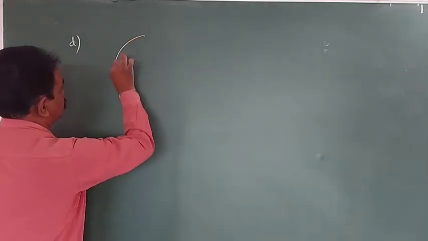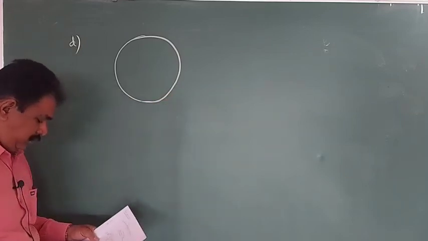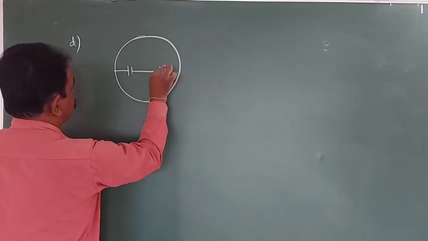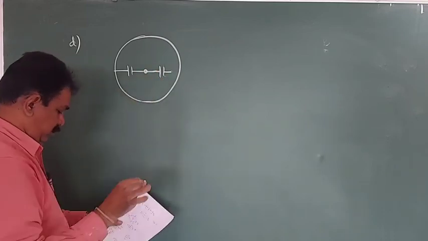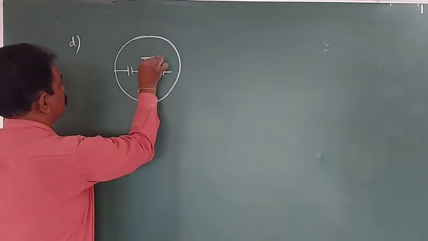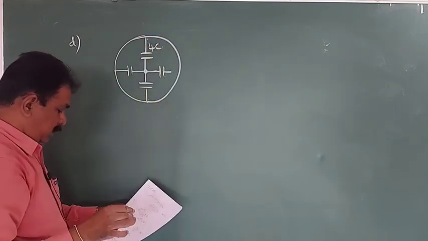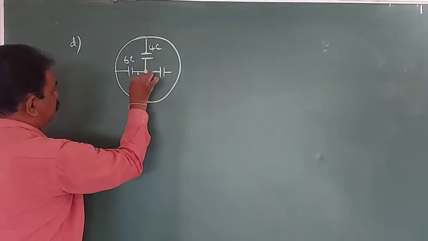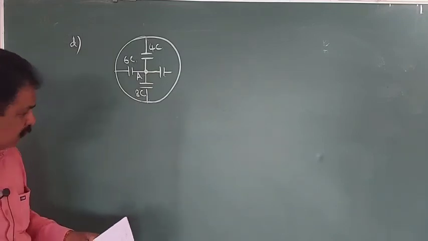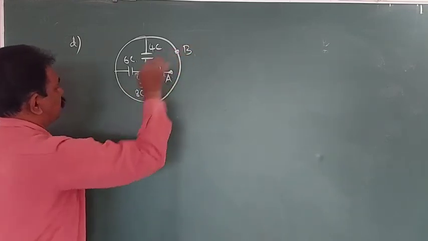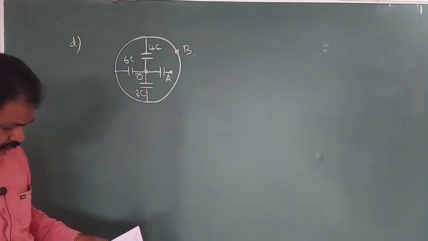What is this saying? One circuit is like this. 4C, 6C, this will be 8C, this is A, this is O, this is A, this is B. This value is 9C.